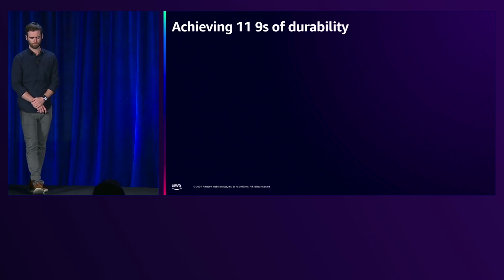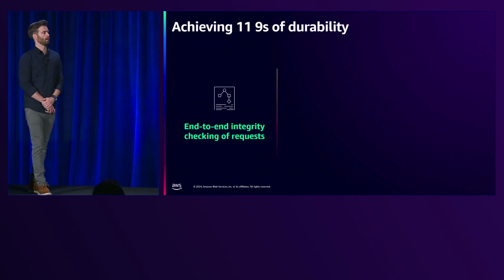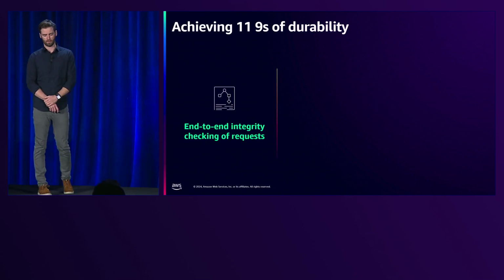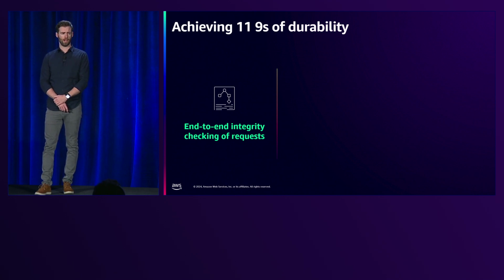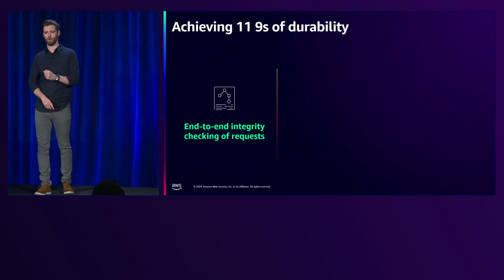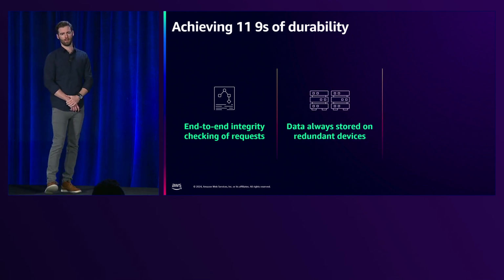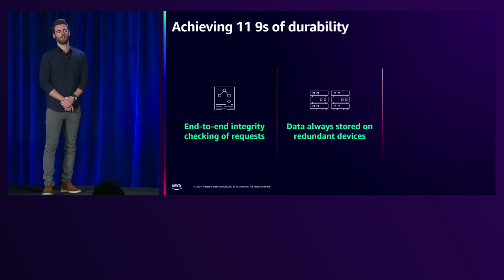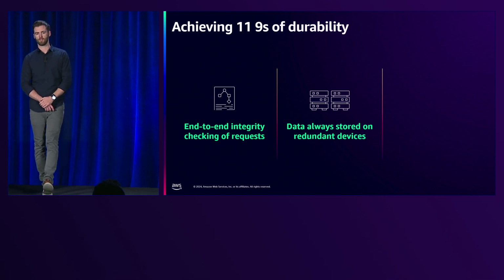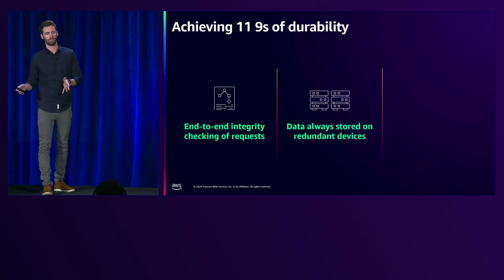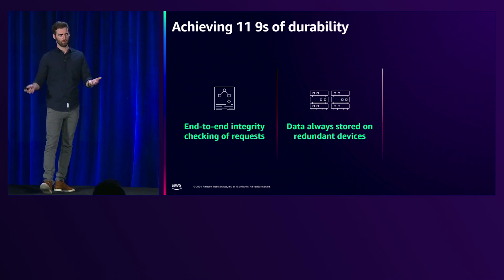Well, we've got three. The very first one is integrity checks. And this is us checking, using checksums to validate that the data you sent us is actually what we're storing. So that's one really, really important piece. The next piece is data drive redundancy, and that's storing your data across multiple drives so that the failure of any single drive doesn't make your data unretrievable.